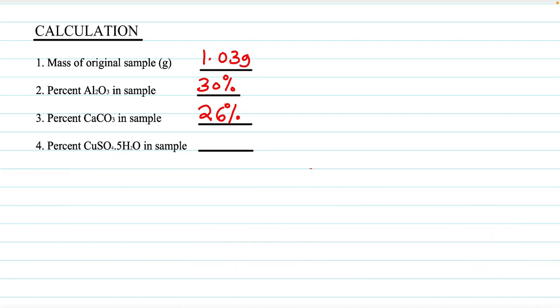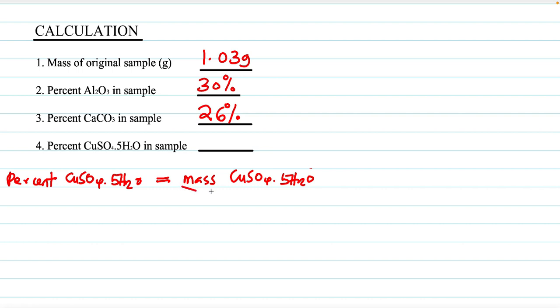So the last one is going to be percent CuSO4 equals to mass all over the original mass of sample, which is this 1.03 times 100.